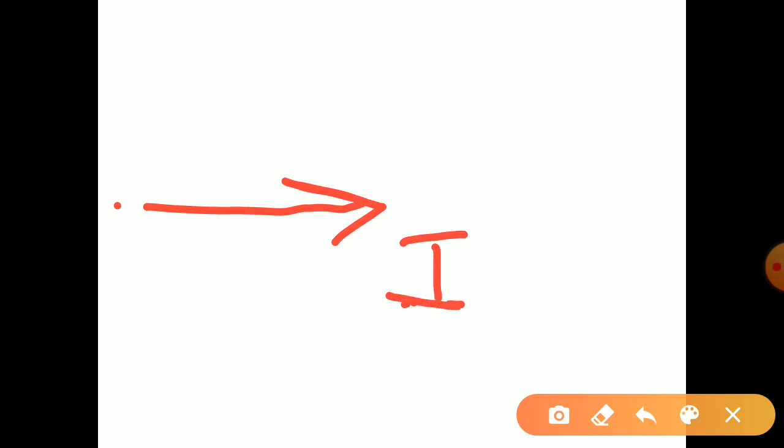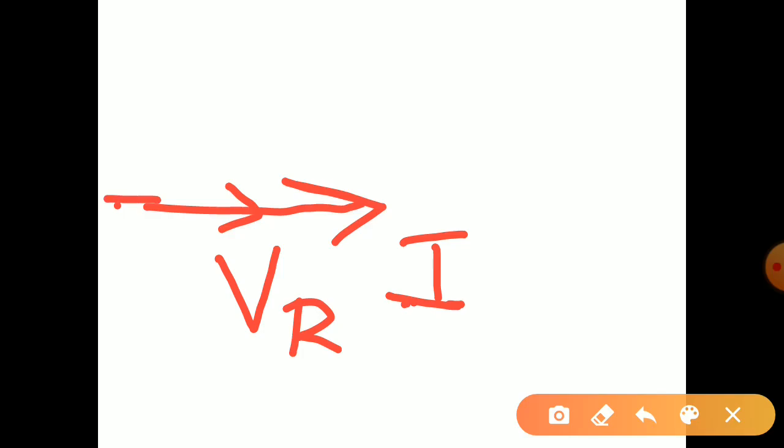Now if we need to draw a phasor for the RLC circuit, then current I will be flowing in the series circuit across RLC. VR will be in phase with current.